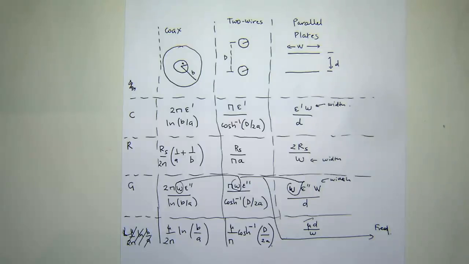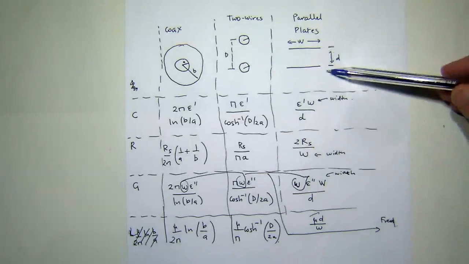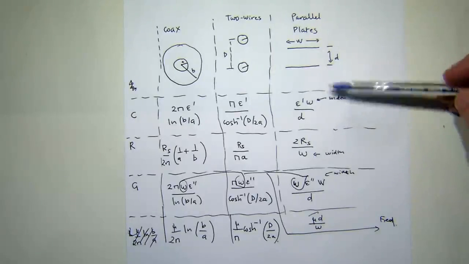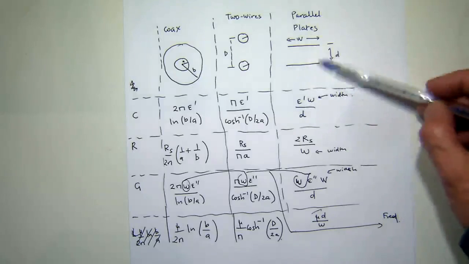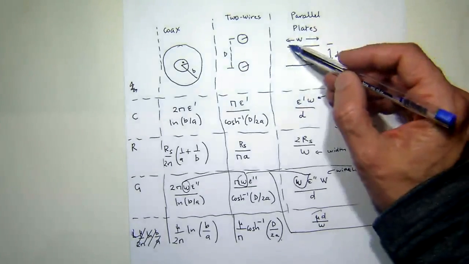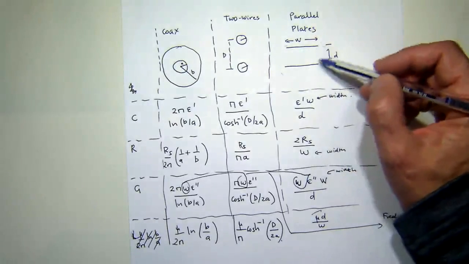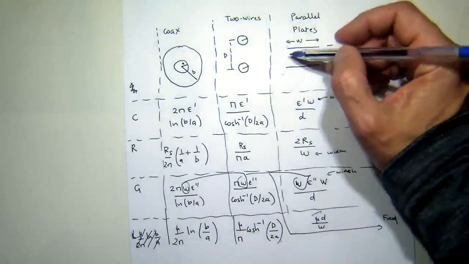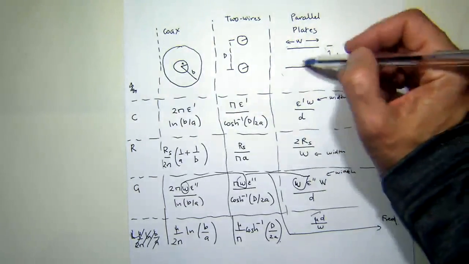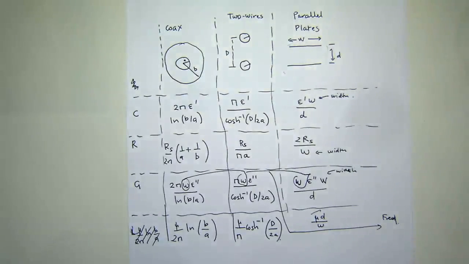So, for example, if you had parallel plates, and here I'm neglecting fringing effects, so the capacitance is going to be a little bit larger because you have a little bit of fringing around the edges. But let's assume that the width was such that we didn't have any fringing.